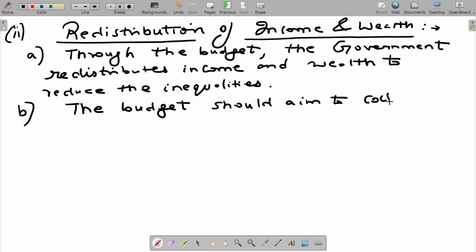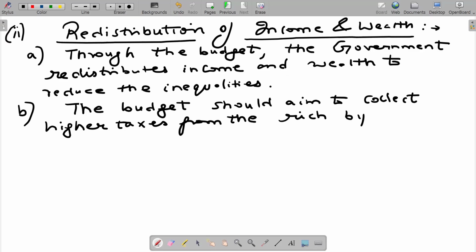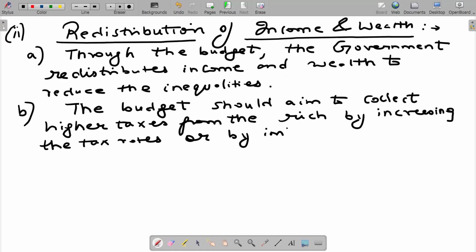The budget should aim to collect higher taxes from the rich by increasing the tax rates, or by imposing new taxes, be it either direct or indirect taxes.